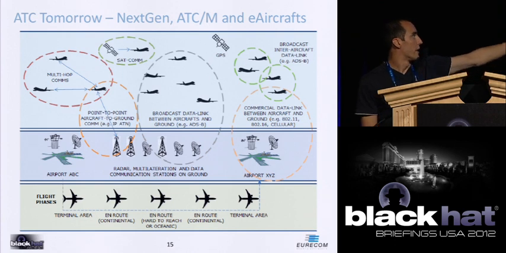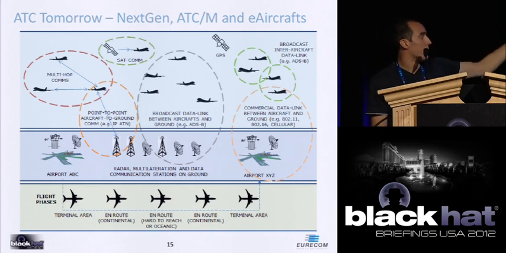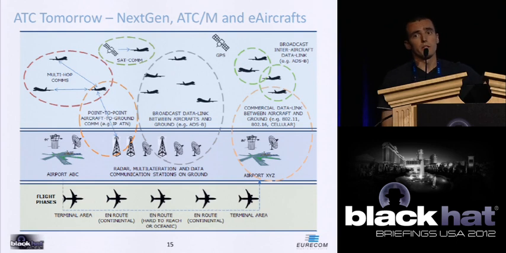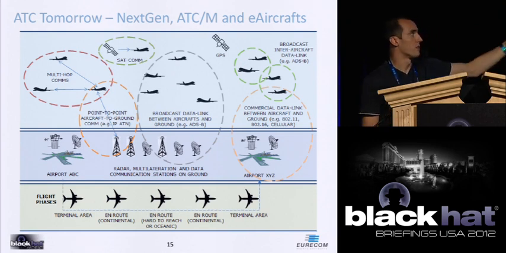And along this route, it passes various technologies like radar, multilateration, and data communication stations and grounds. The aircraft are currently doing some part of it on legacy technology, but it's foreseen that there will be more technology improvements and more bandwidth available.